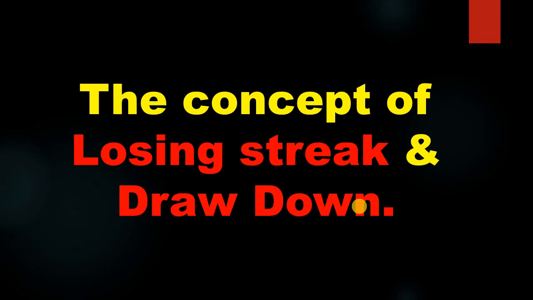And a losing streak leads to what we call drawdown. A drawdown is actually a depletion of your account, a reduction of your account. For instance, a particular trader has a $1,000 account, and the trader experienced a losing streak that made him lose $500 out of that account.